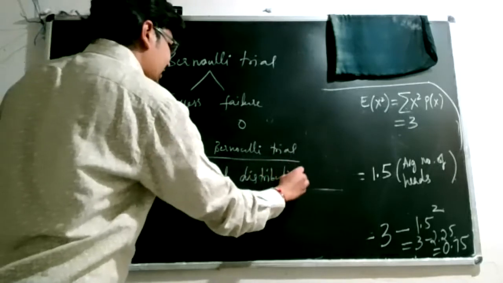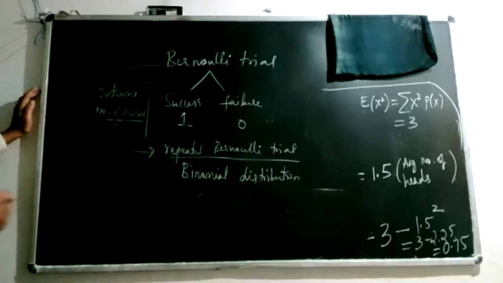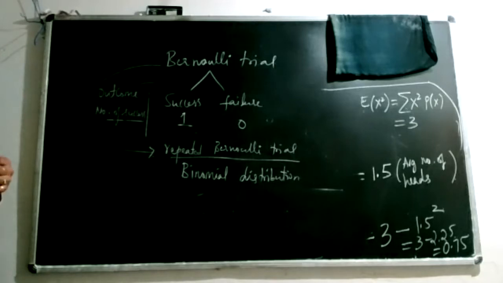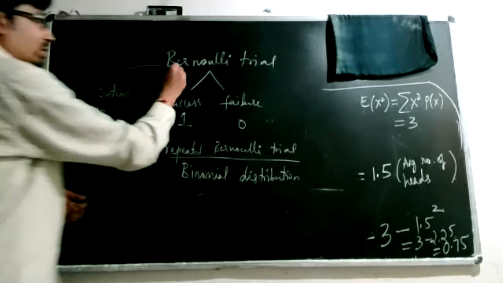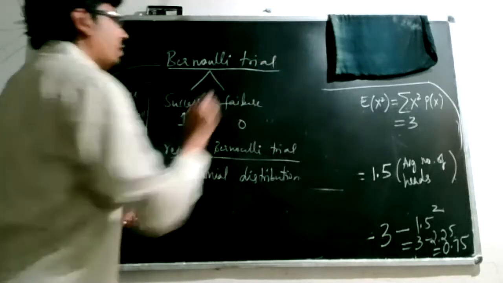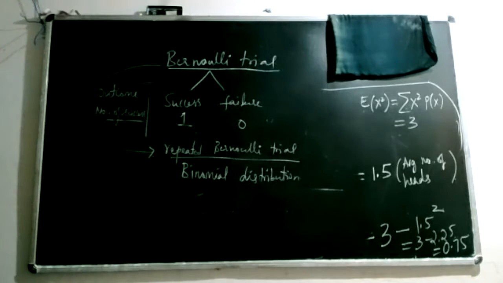Okay. So in the last class, we have understood what a random experiment is. A random or statistical experiment is one where the outcomes are different every time you conduct the experiment, and they are random. There is uncertainty. You cannot exactly predict what will be the result. One such class of experiments is the Bernoulli experiment.